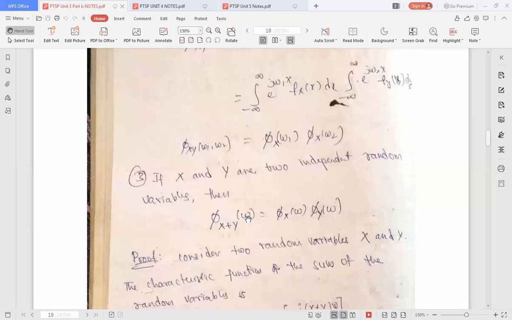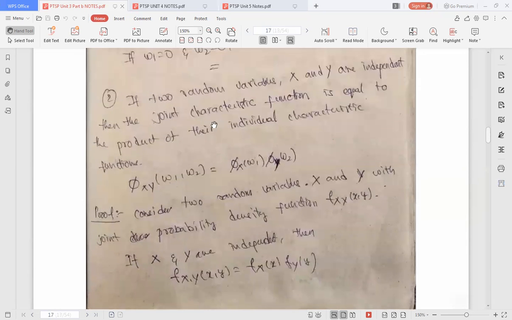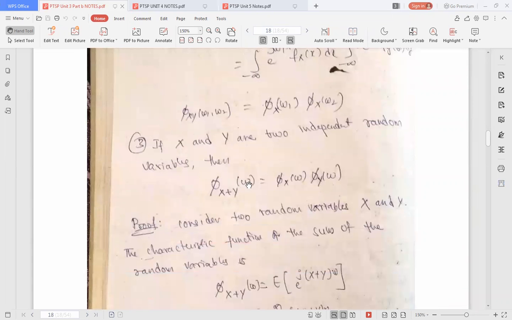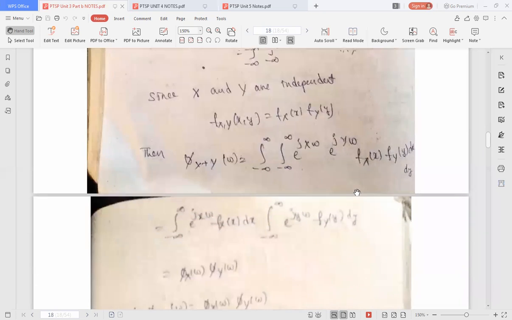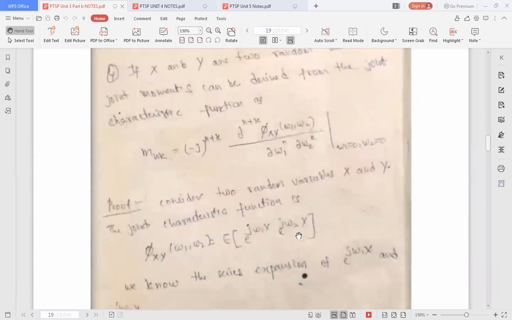Here you see that it is a function of one frequency variable, whereas in the previous property we have two frequency variables, omega 1 and omega 2. In property 3 we have only one frequency variable. So phi of x plus y of omega is equal to phi x of omega times phi y of omega. Okay, that is our third property of joint characteristic function.